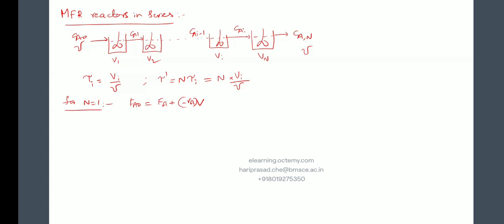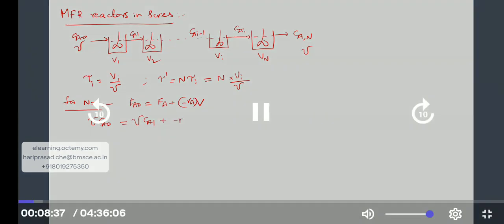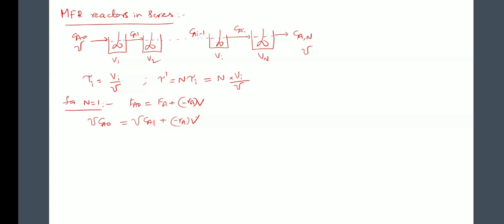Similarly, in terms of concentrations, what will you get? It is volumetric flow rate into Ca0, that is input. Even if you multiply volumetric flow rate into Ca0, you will get moles per second only. That is the rate of flow of reactants into the reactor. This is equal to volumetric flow rate into Ca1, for the first reactor, plus minus Ra into V, that is rate of disappearance, minus Ra into V1.